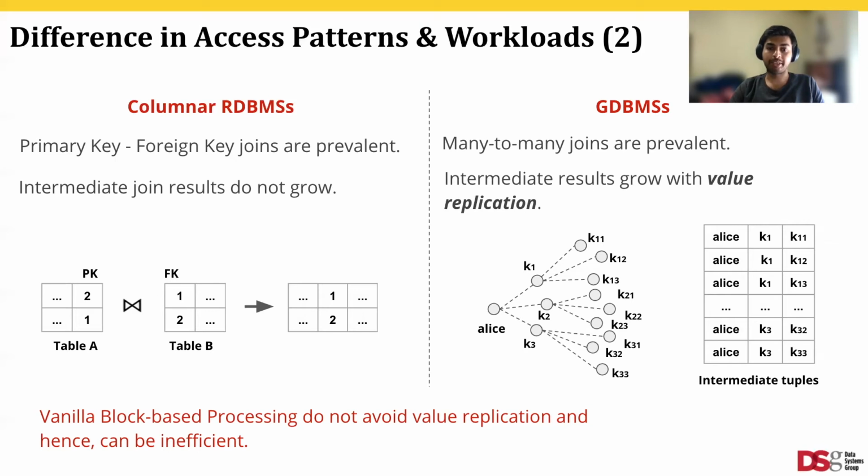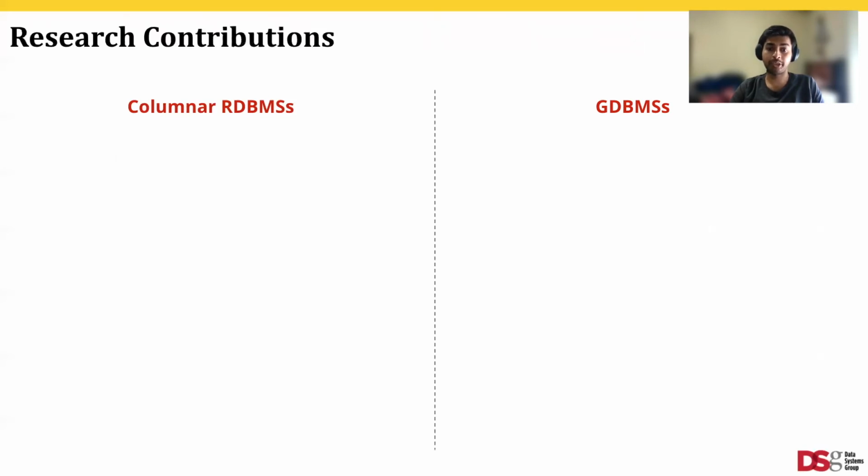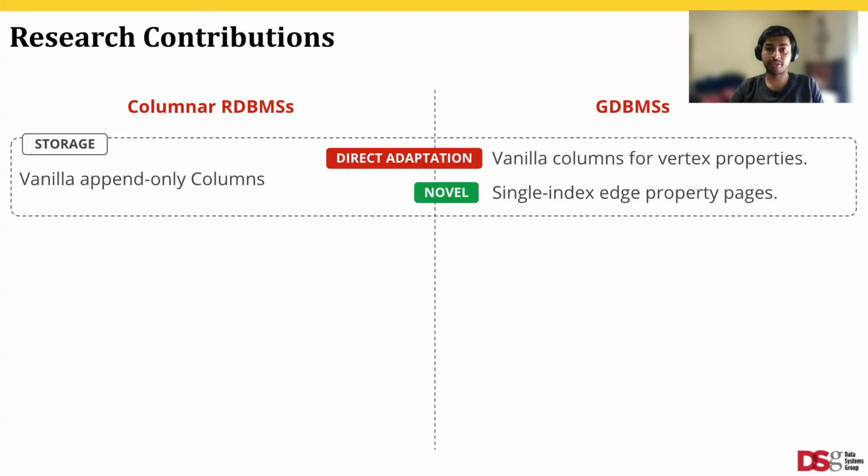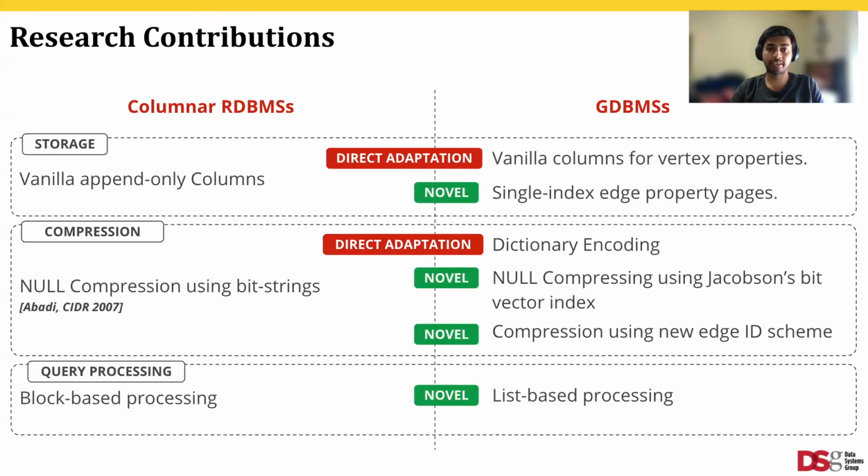I'll limit the number of differences here and hence next move to the contributions of the paper. Columnar techniques cannot be directly adapted and hence require redesigning to suit our requirements. Our work studies these requirements and proposes new designs across storage, compression, and query processing.